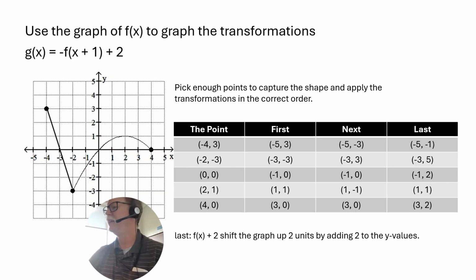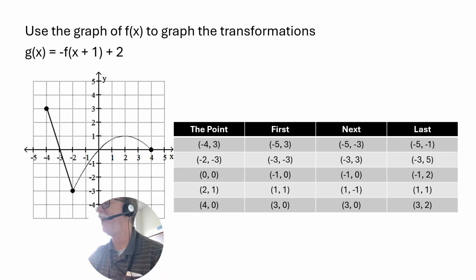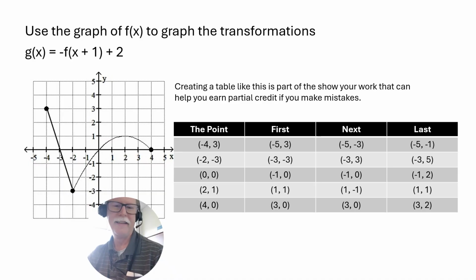And my head is in the way. Hopefully you know how to add 2 to 0, so you know what that point is that I have hidden there. Alrighty. This is also a good idea to include for partial credit if you make some mistakes.